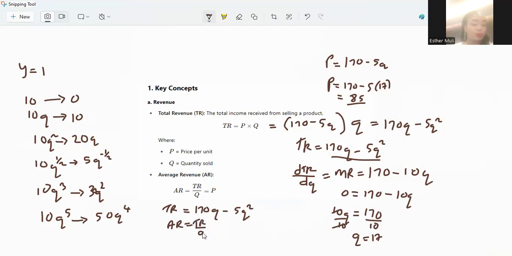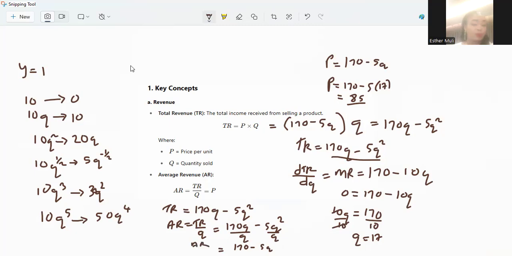To be quicker and easier, you spread the quantity over all the terms, divided by Q, divided by Q. So this will give us 170 minus 5Q. This ultimately is the same as the price that we had initially.